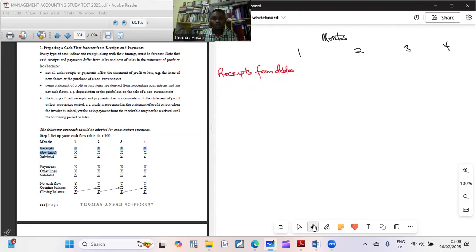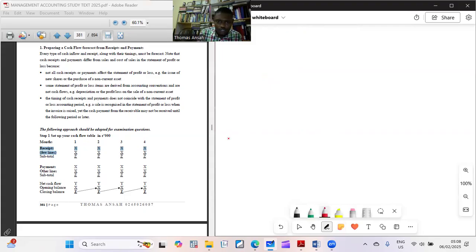Remember, the receipts are coming from the debtors, so you do a payment or receipt schedule, or you can say payment by debtors. So, the receipt schedule.